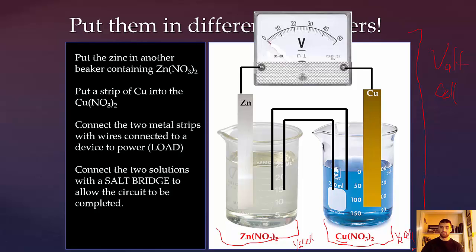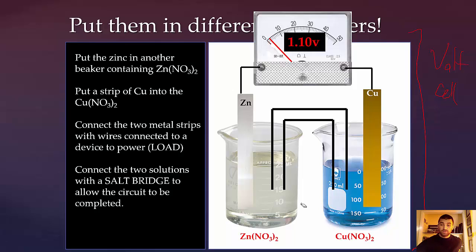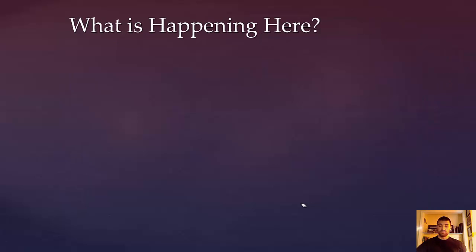Sometimes you'll see it referred to as the oxidation half cell. It's just the beaker where the oxidation is occurring, right? So why is the salt bridge important? We'll get to that. But once you have the salt bridge, then you can actually get some power. You'll power that voltmeter, and you can see how much voltage is being produced.